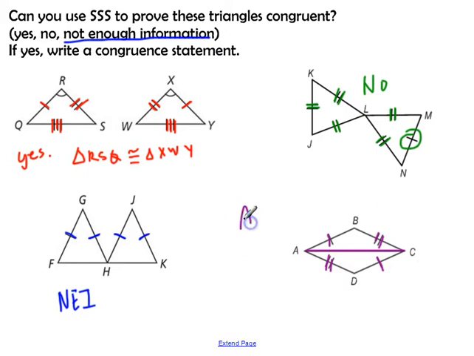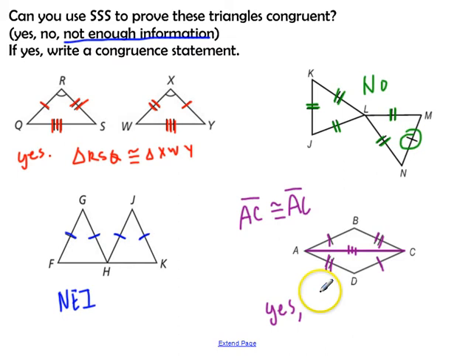So this is where we actually use the reflexive property, and we say that segment AC is congruent to segment AC, because it's going to be the same length whether it's on this triangle or this triangle. So this one, because it's supported by the reflexive property, we can say that it's congruent to itself, and so now we have 3 sets of corresponding and congruent sides. So the answer is yes, these triangles are congruent.